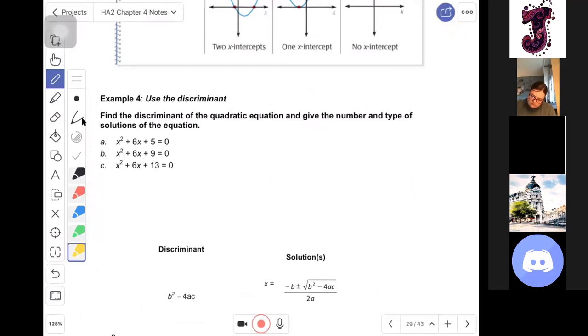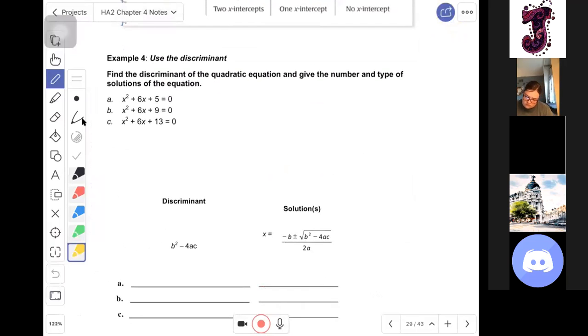Now let's find the discriminant of these equations. They're telling us to give the number and type of solution. So let's start with A. We know our discriminant is b squared minus 4ac, so we are going to write that.